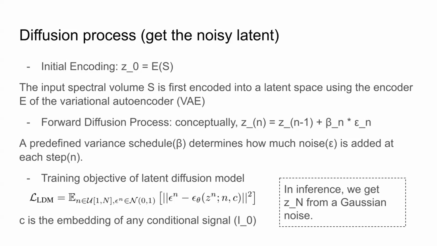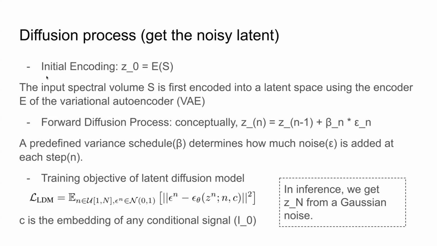And here S is the spectral volume of the first frame of this video, so we have the starting point. And then this is our first part of the noise.